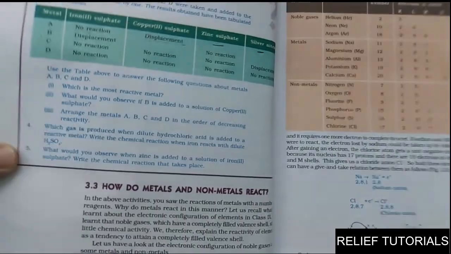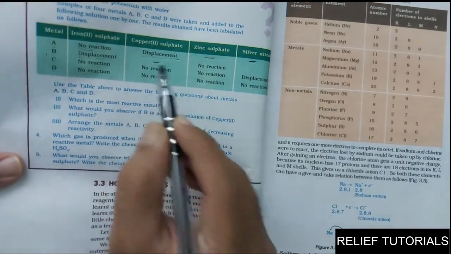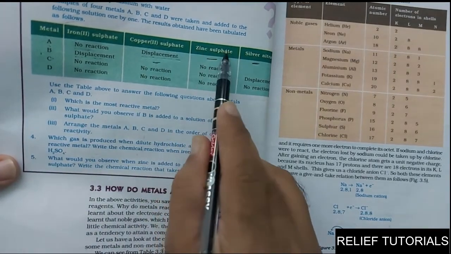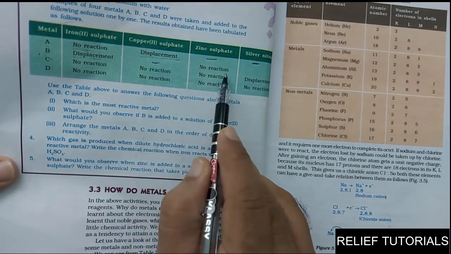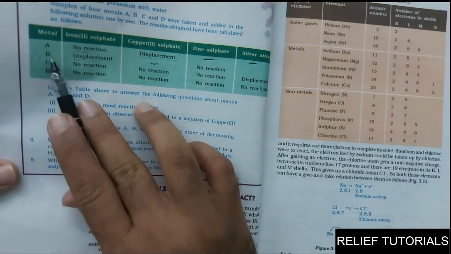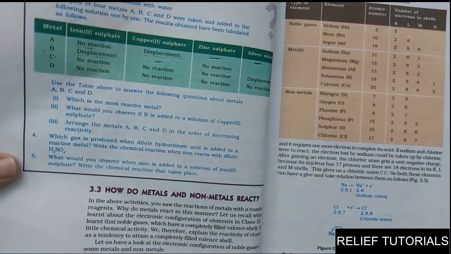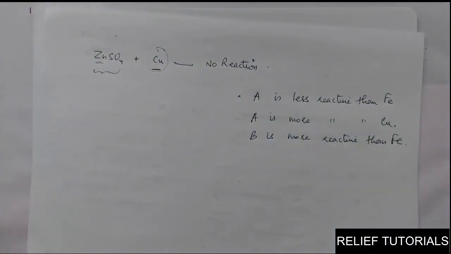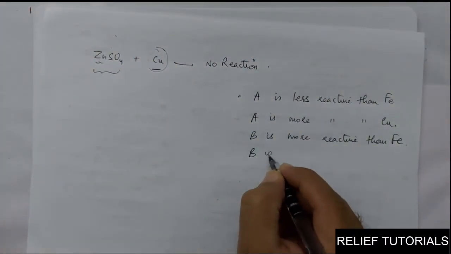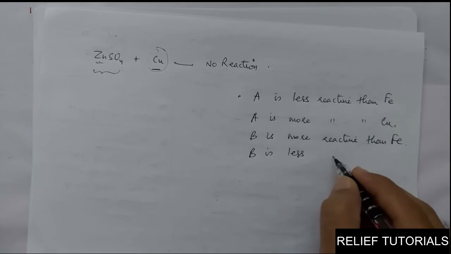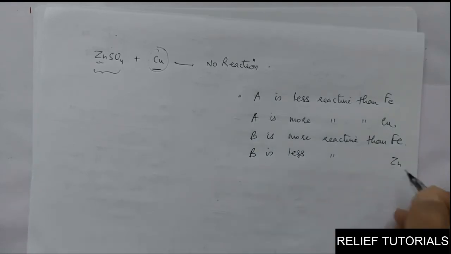It is not added to copper sulfate. B is added to zinc sulfate, no reaction. No reaction means B is less reactive than zinc. B is less reactive than zinc.